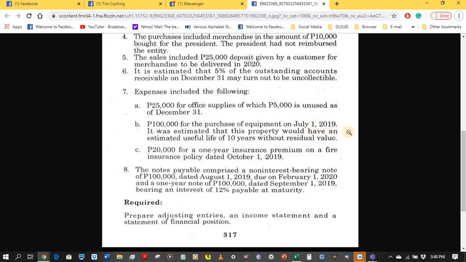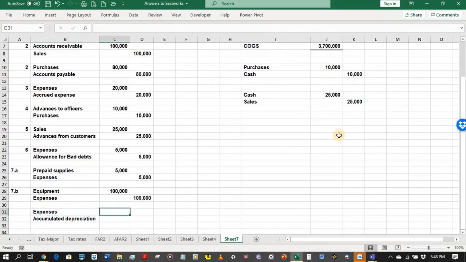Ang depreciation lang natin for the year will start July 1, which is 6 months. So, magbigay tayo ng 6 months. So, 100,000 divided by 120 months. Siyempre, 12 months, tapos 10 years, 120 months yun. Times 6 months lang ang kailangan natin. So, 5,000.